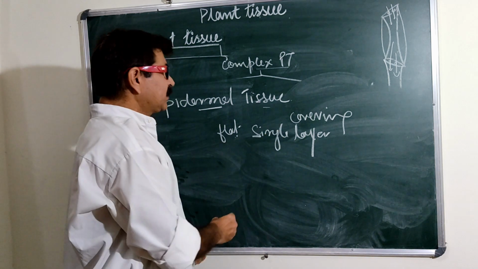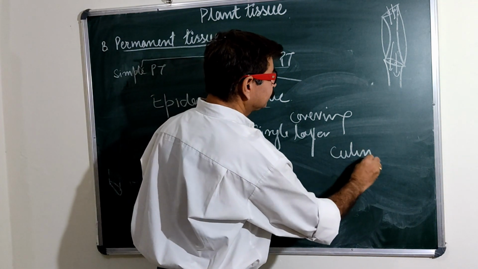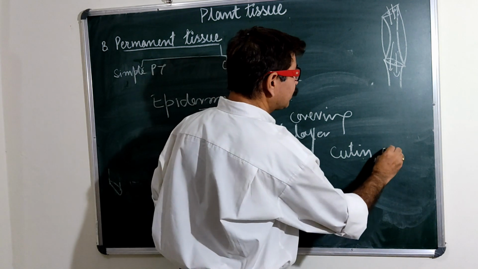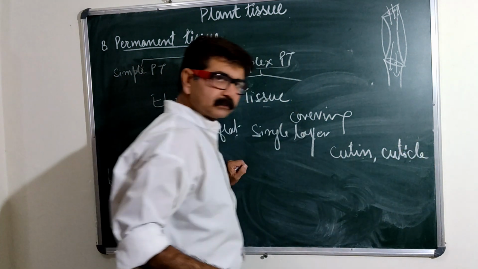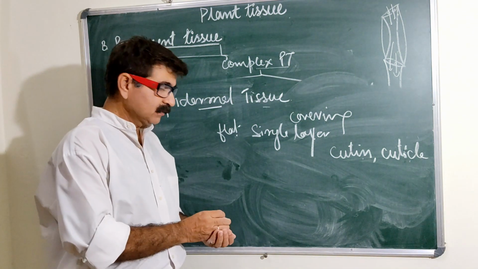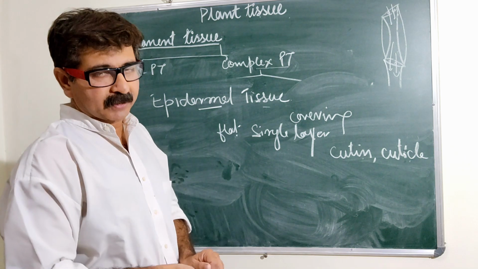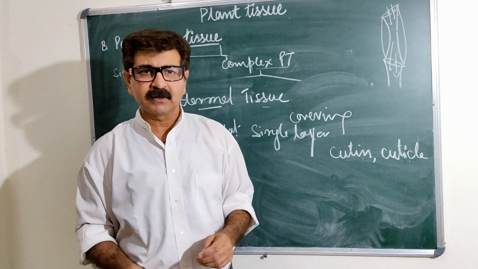Mainly, this layer contains one more covering of cutin or cuticle over that. It's a waxy layer and it prevents the loss of water, especially in xerophyte plants or halophyte plants.